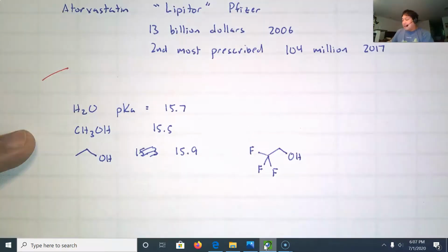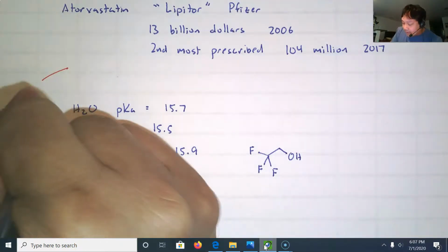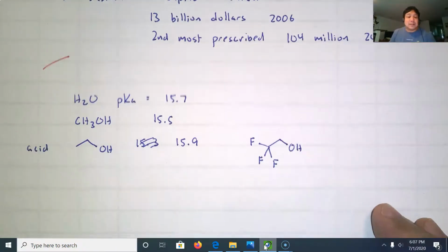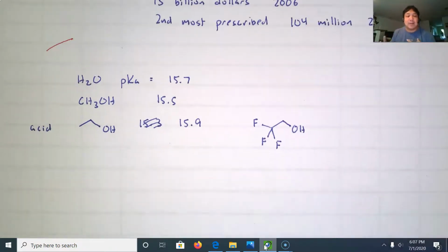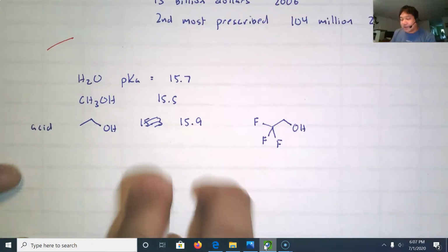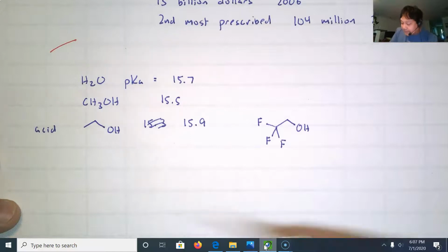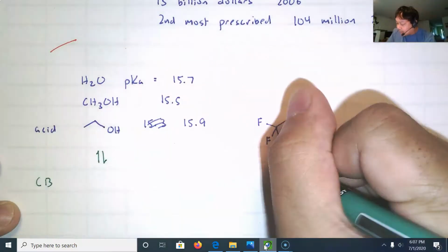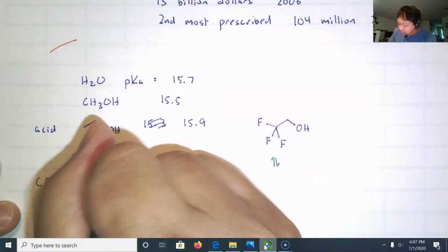If you're looking at how acidic 2 acids are and you want to compare them, what was the trick? You don't want to compare the acids, you want to compare the conjugate bases. Let's put in our equilibrium arrows and draw our conjugate bases.